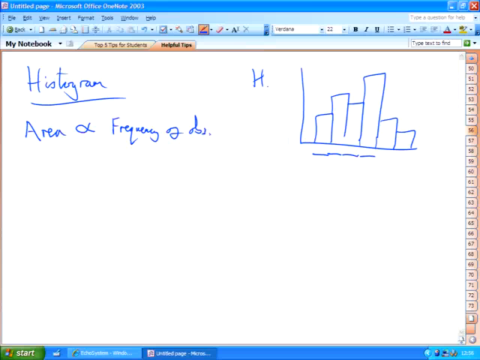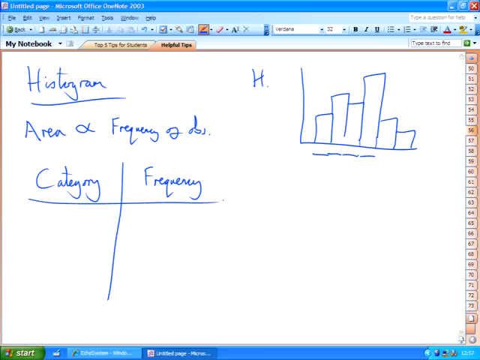So suppose you have a particular data set. What you need to decide on is to define the categories that you're going to use. And for each category you will then compute its frequency, i.e. the number of observations within each category.